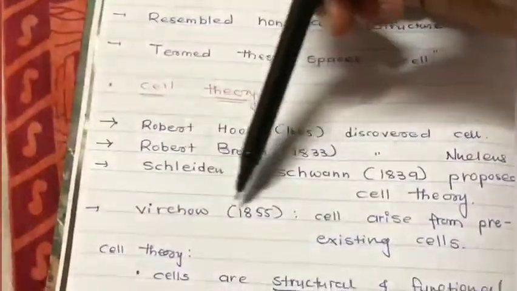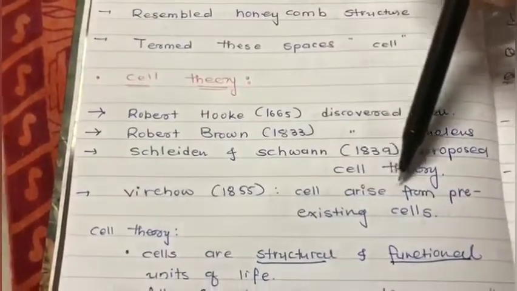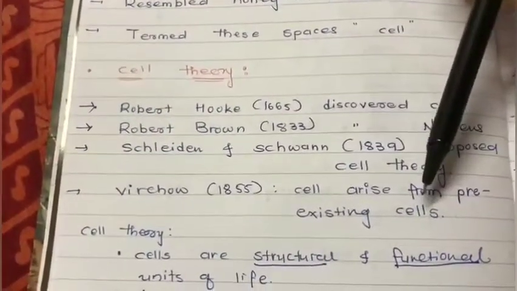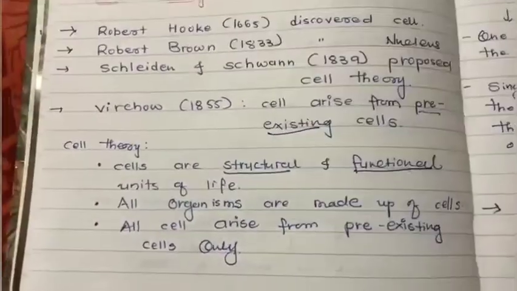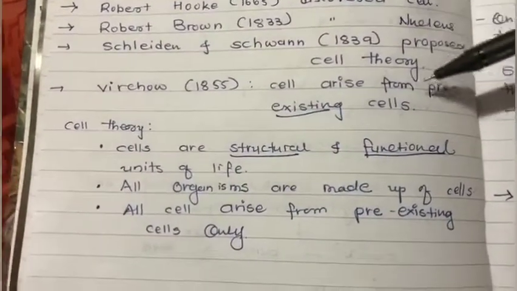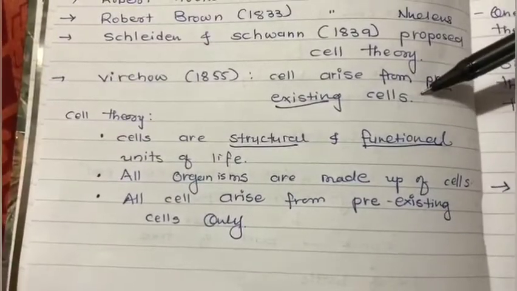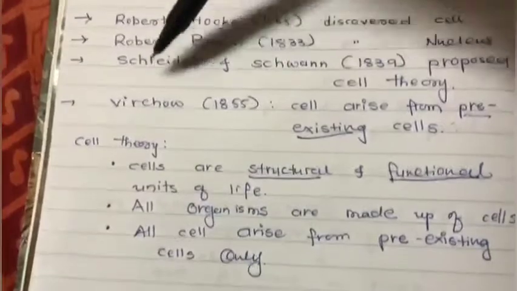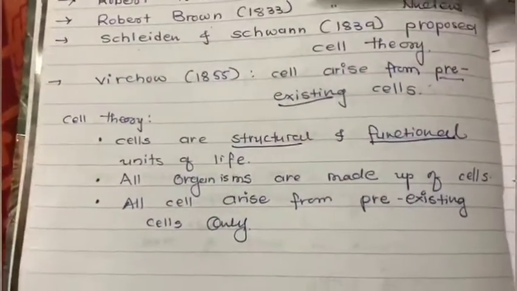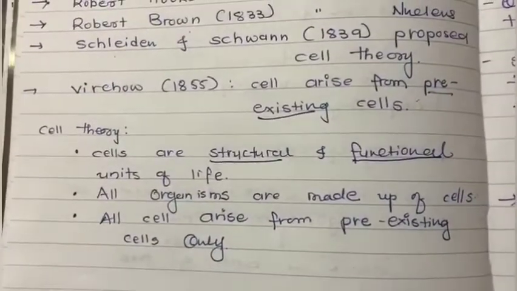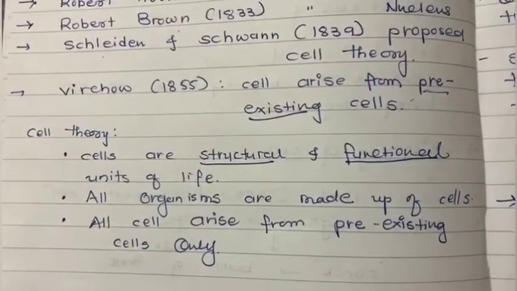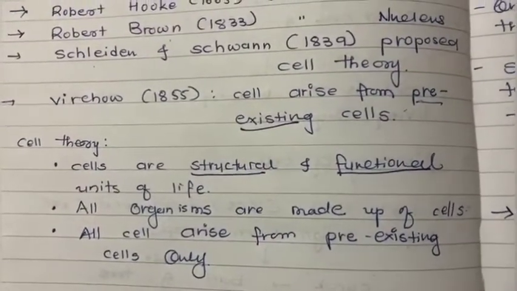What Virchow has given: cells arise from pre-existing cells. Now what are pre-existing cells? Virchow gave this term because the first two points of cell theory, which were given by Schleiden and Schwann, did not explain where all the cells come from. So Virchow made an addition to this cell theory: all cells arise from pre-existing cells only.